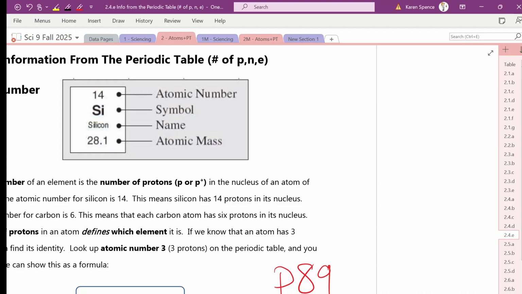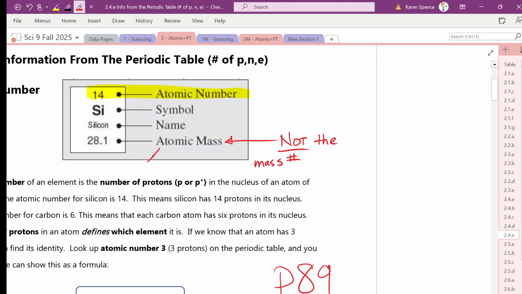Let's look at the top of the page. We're going to make a notation here. The atomic number is that top number on the periodic table, but the bottom number is not the mass number. What is it? It's the atomic mass.